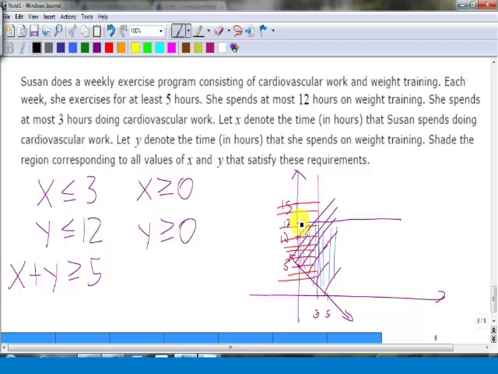So I think it's the region in here. Is that common to all these inequalities? Does that satisfy all of them? I think so. I think it's the region in there.